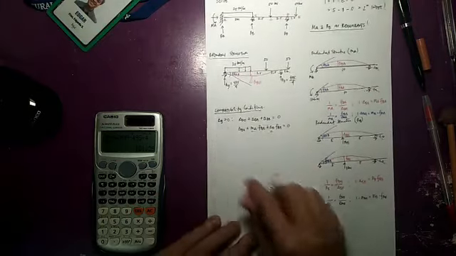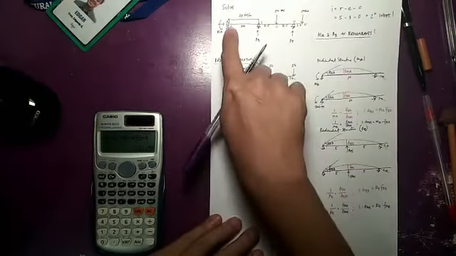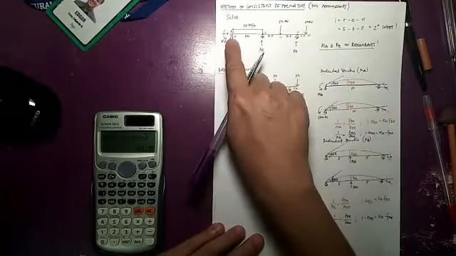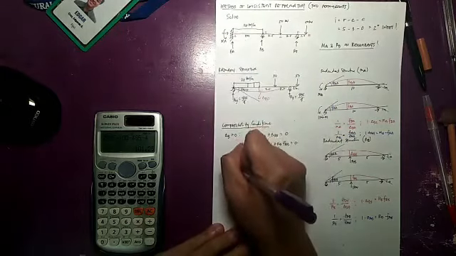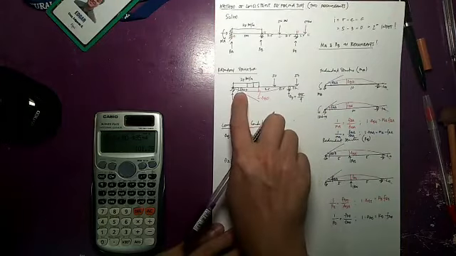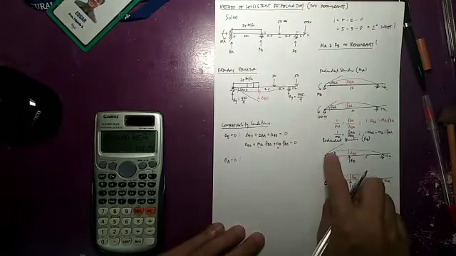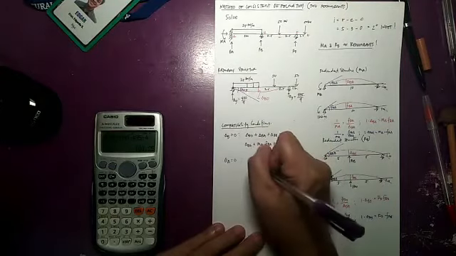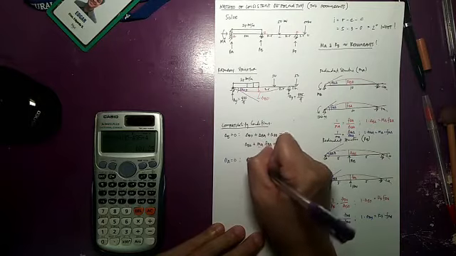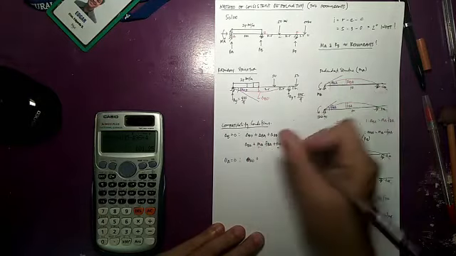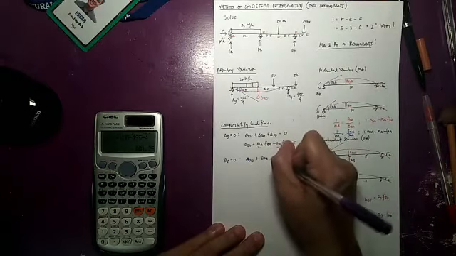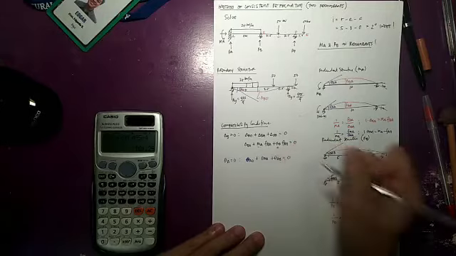What can you say about the theta at A from the original beam? Since this is a fixed support, we know that theta A is equal to 0. Therefore, the summation of theta AO plus theta AA plus theta AB should be equal to 0.